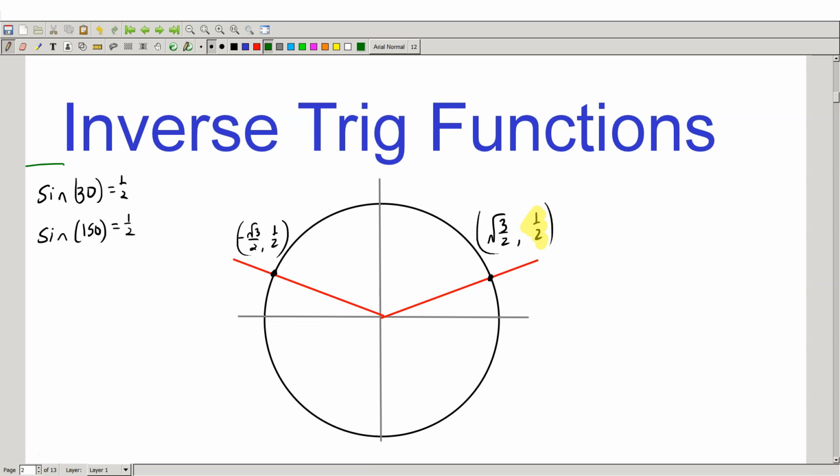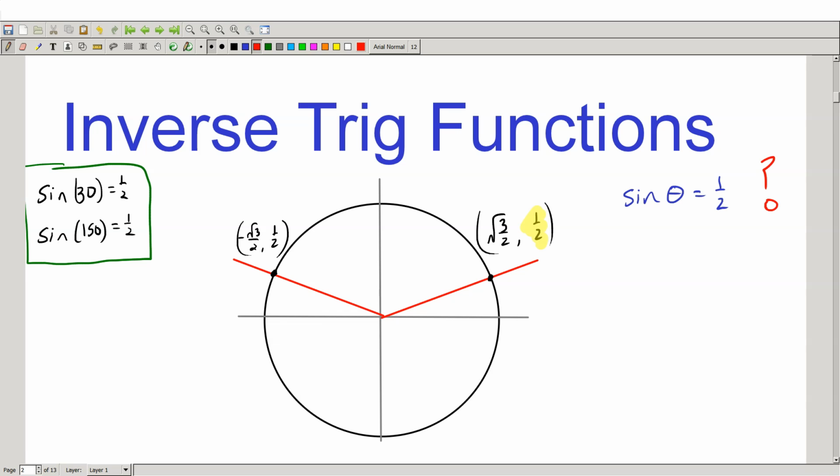So this is true, right? I've given you these questions before. The sine of 30, the sine of 150, the sine of any angle on the unit circle. Well, the inverse is going to be something like this, where we answer this question: the sine of which theta is going to be 1/2? The sine of which angles are going to give me 1/2?